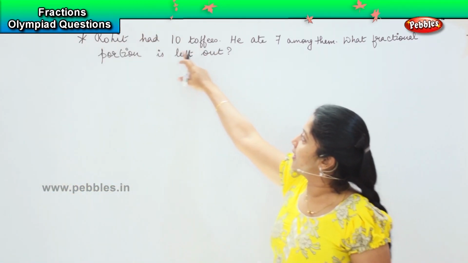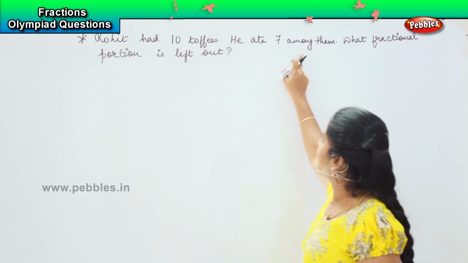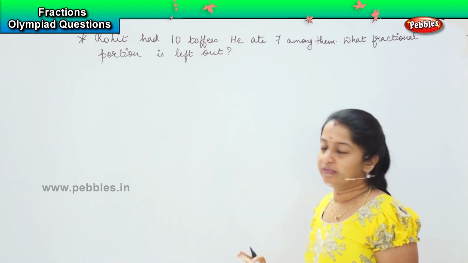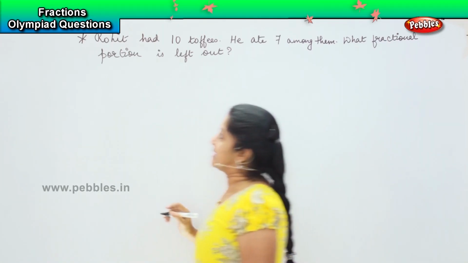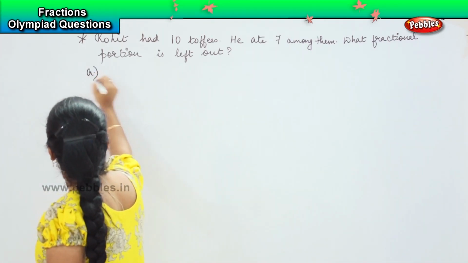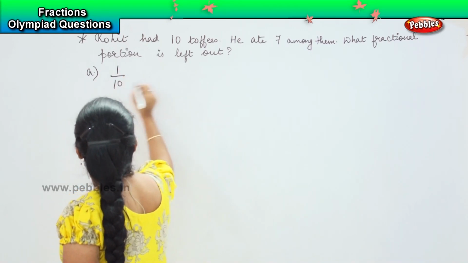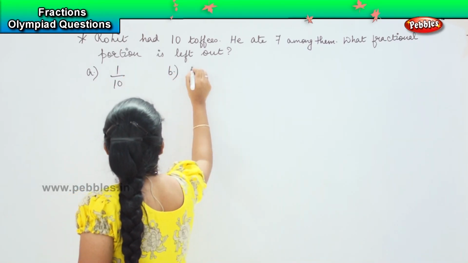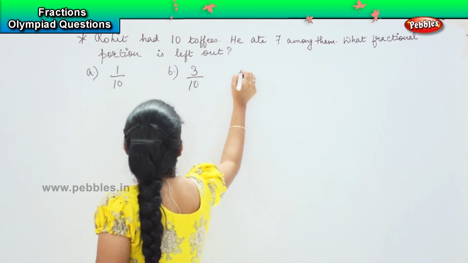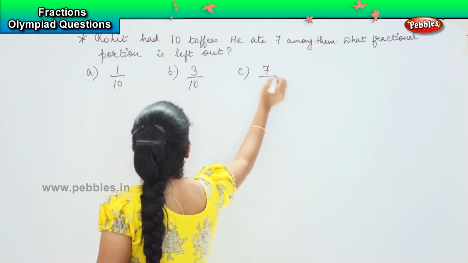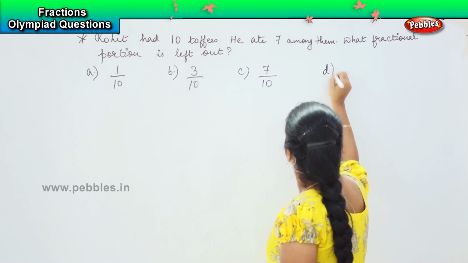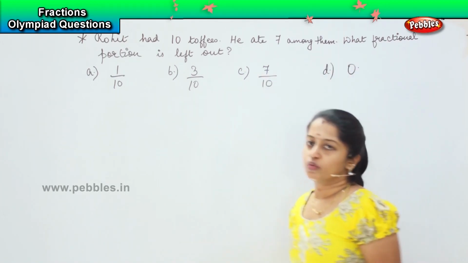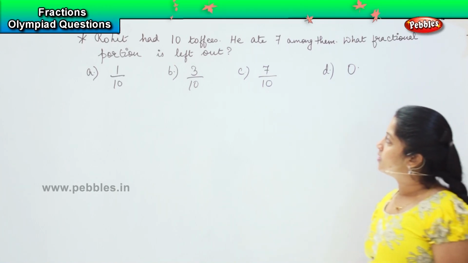Rohit is having 10 toffees in which he has already eaten 7 of them. You need to find the fraction of portion which is balance, left out. My options are 1 by 10, 3 by 10, 7 by 10, 0.